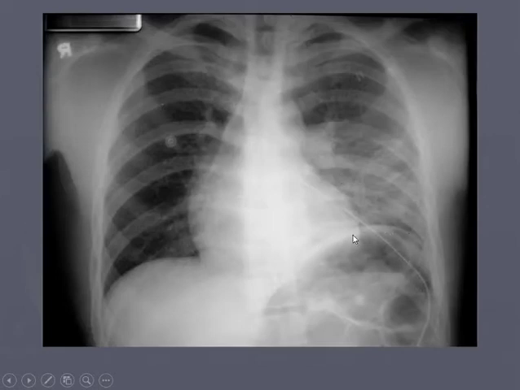This is the diaphragm. Remember, when you see a diaphragm on chest x-ray, it looks solid because of the tissues behind it that it's covering, the liver and the body of the stomach.